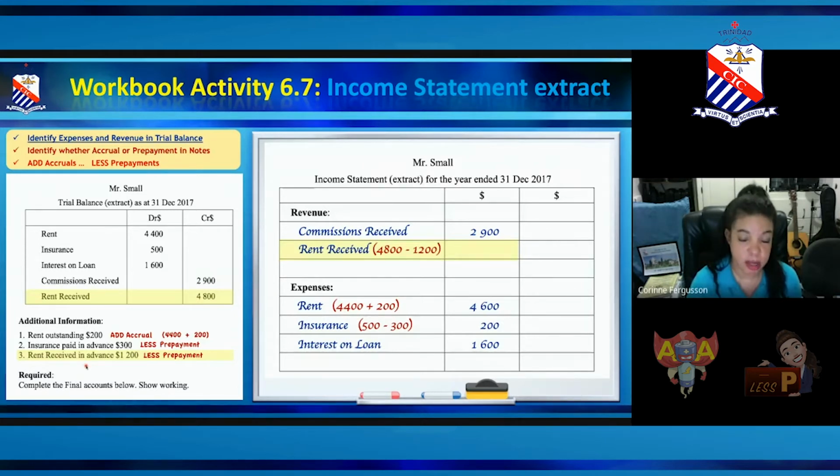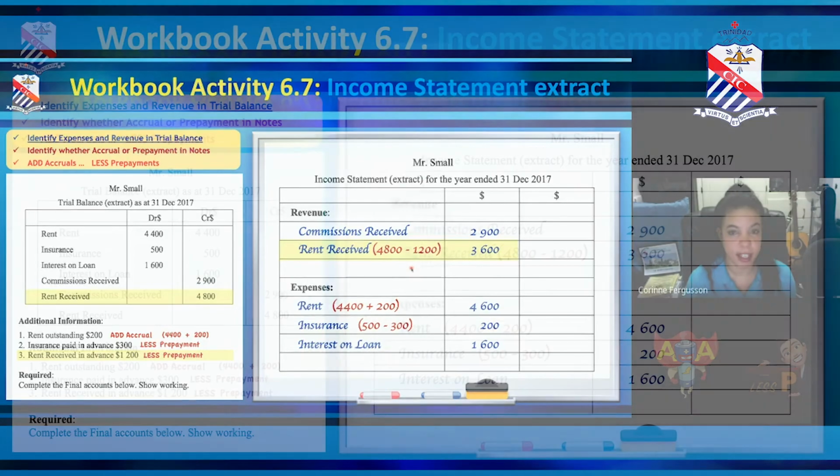Since there is an adjustment, you put your working, which would be the amount in your trial balance, 4,800, less the prepayment of 1,200, and the answer you get is 3,600, and you're done.